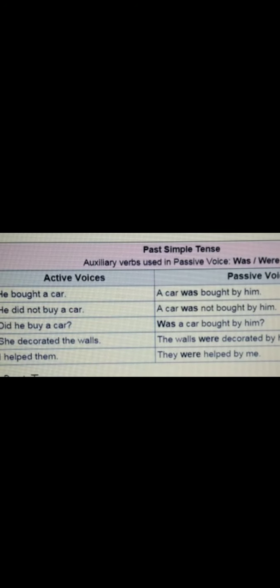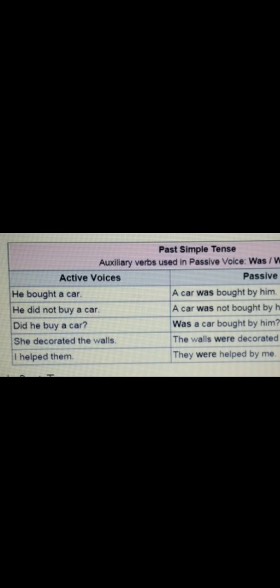Now come to simple past tense, active into passive voice. Again there are examples. You can see: he bought a car. He is the subject in active voice, then bought is the second form of verb of past indefinite or simple past, a car is the object. In passive voice we will write a car as the subject.